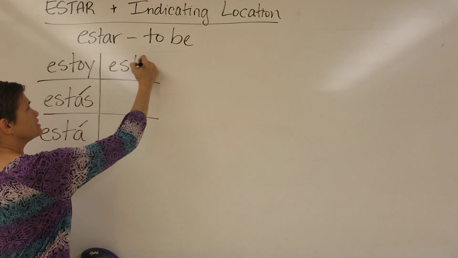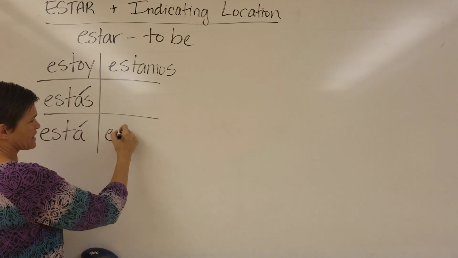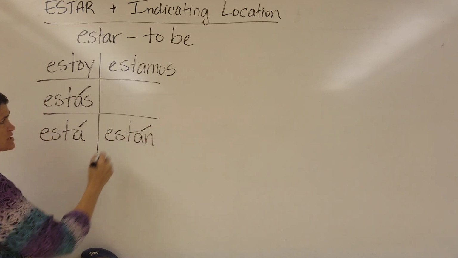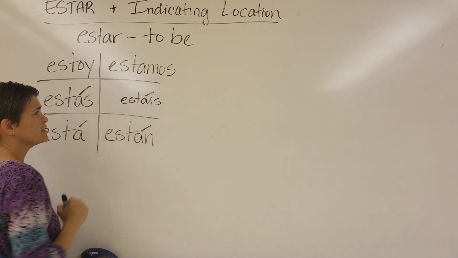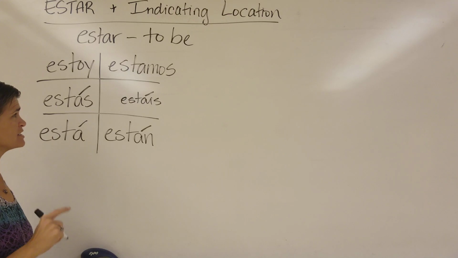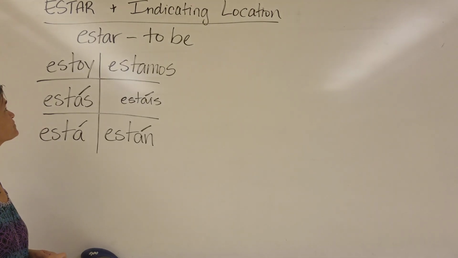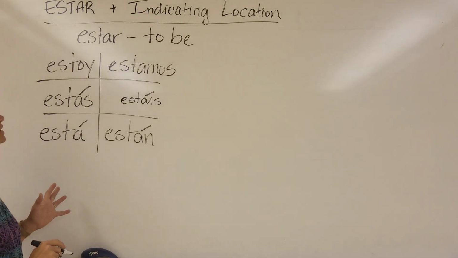We are in a location, nosotros estamos. And they are in a location, ellos están. All of you guys are in Spain is estáis for vosotros, and you only need to learn that if you want to. So this is how we conjugate the verb estar.